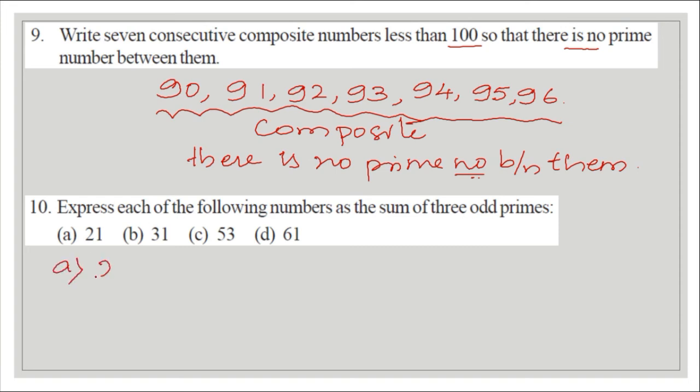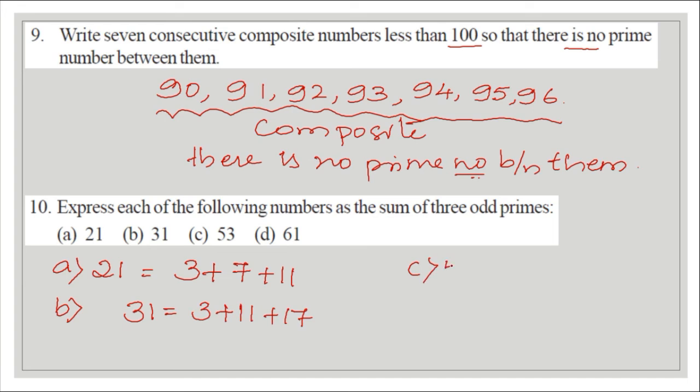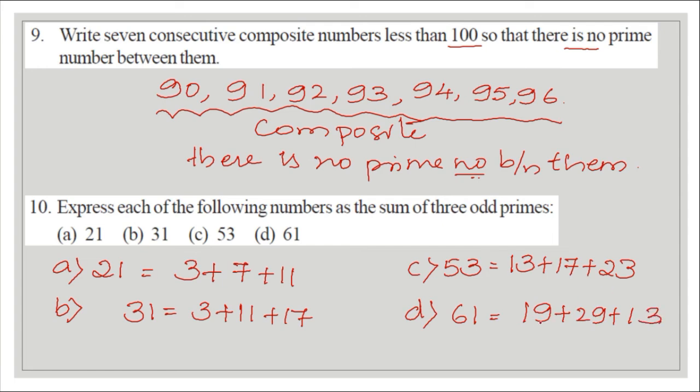First one, 21 is the combination of 3 plus 7 plus 11. 31 is the combination of 3 plus 11 plus 17. 53 is the combination of 13, 17 and 23. 61 is a combination of 19, 29 and 13.